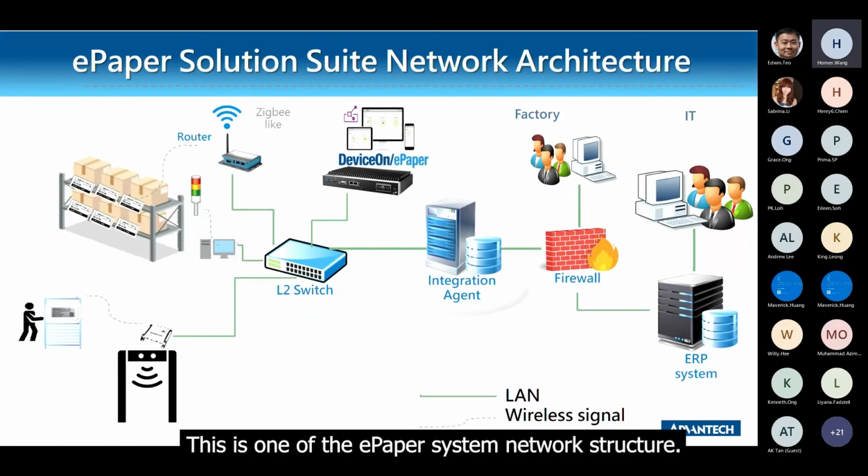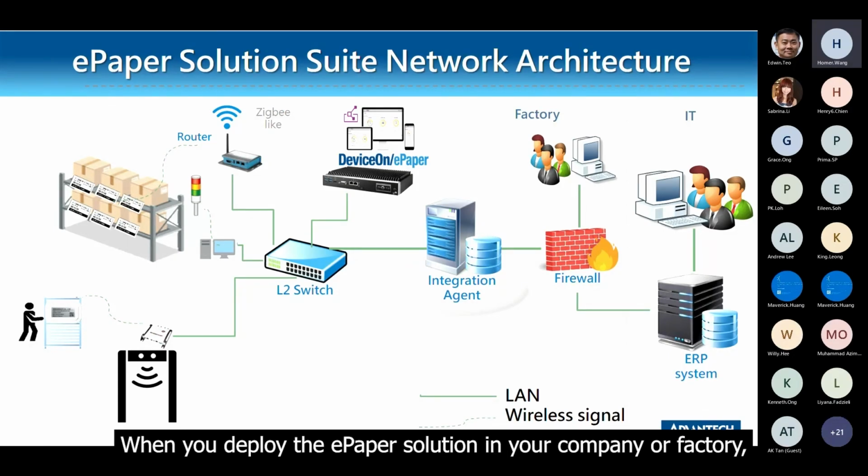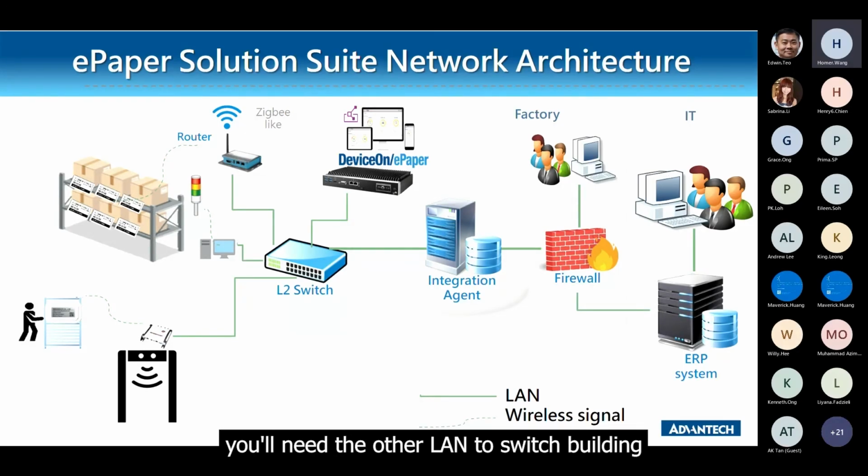This is one of the ePaper system network structures. When you deploy the ePaper solution in your company or factory, you need another layer 2 switch building the subnetwork in the deployment area. The Arc server or Arc 1123 or Arc 2250 and the router Y3240 or other devices connect to the switch.